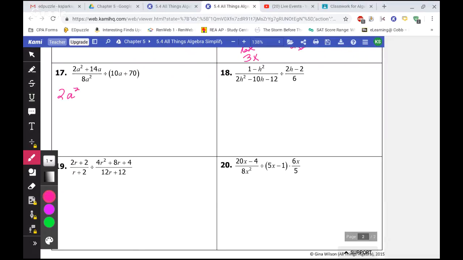So it would look like 2a squared plus 14a, because you're going to keep the first, change it to multiplication, and do the reciprocal. And this is really understood to be this. So the reciprocal of that is, in fact, exactly what you said, Anna. So good job. And then factoring the numerator in the first expression, you can factor out a 2a. And over here, you can factor out a 10.